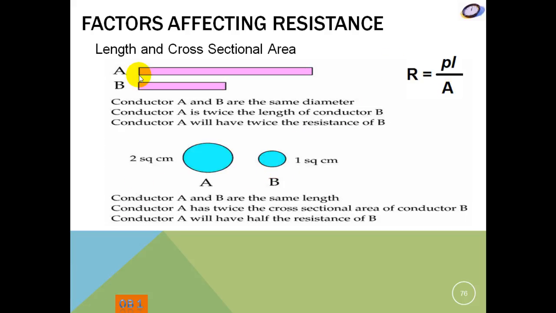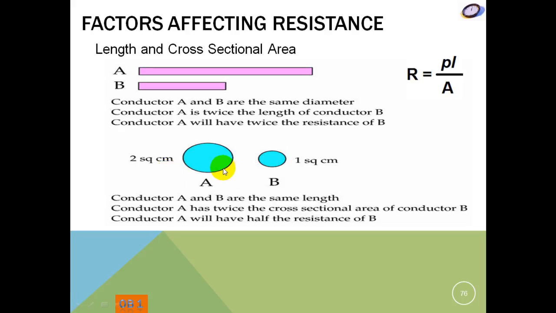So again, if you increase the length, for example, in this resistor, resistor A, if the length is twice as long as resistor B, then because it's directly proportional, the resistance for A will be twice as much as the resistor for Bravo.